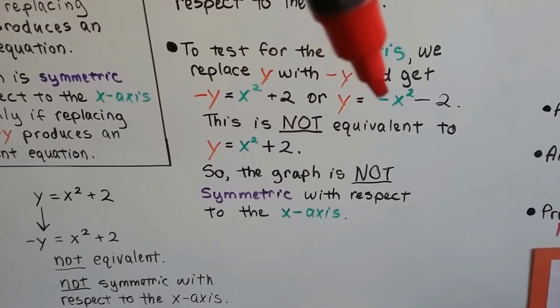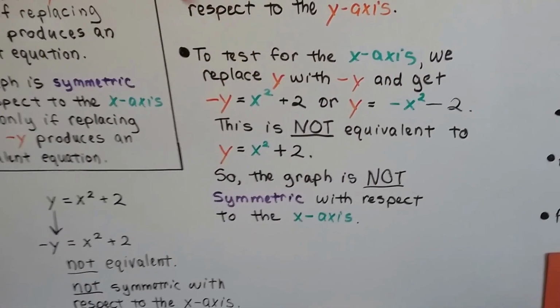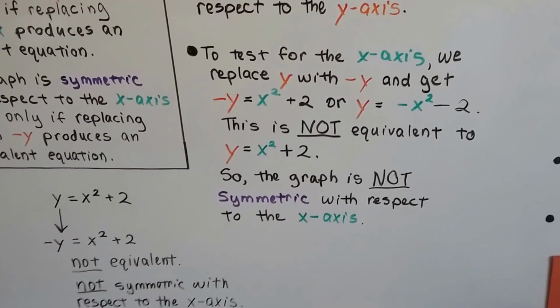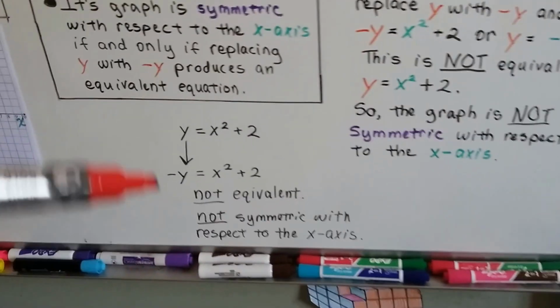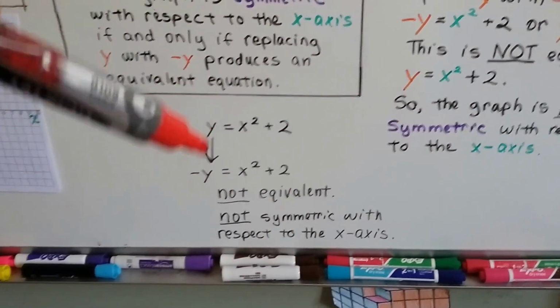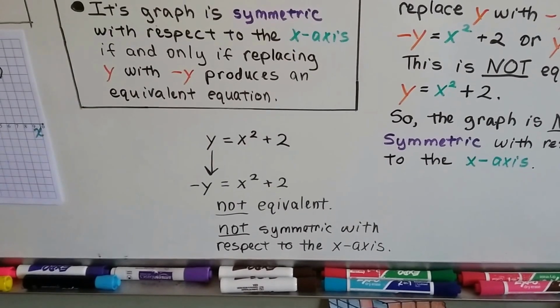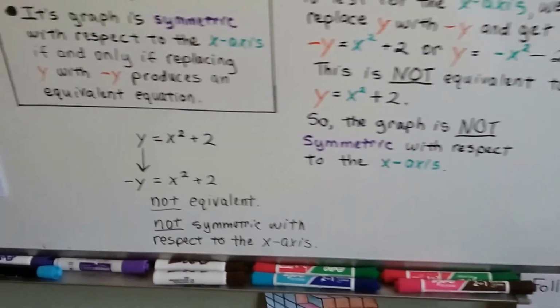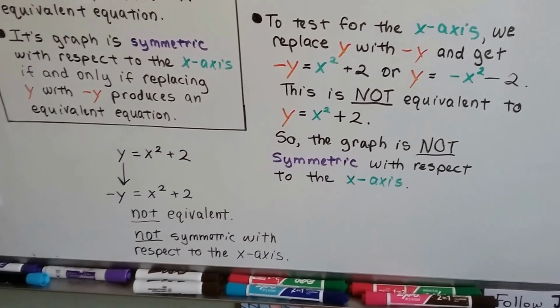We could also say y equals a negative x squared minus 2. That would give us the same thing as this. Now, this is not equivalent to y equals x squared plus 2. See? So it's not symmetric with respect to the x-axis. That graph is not symmetric with respect to the x-axis.